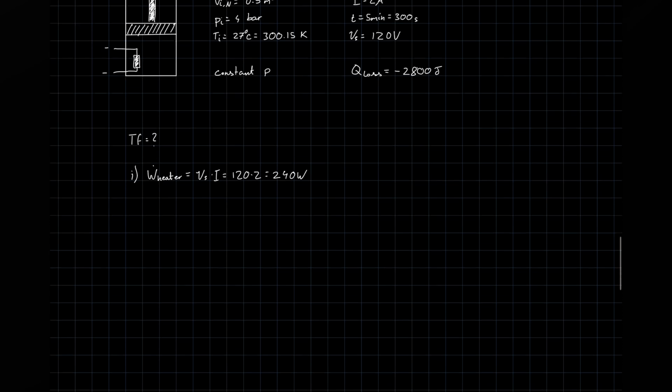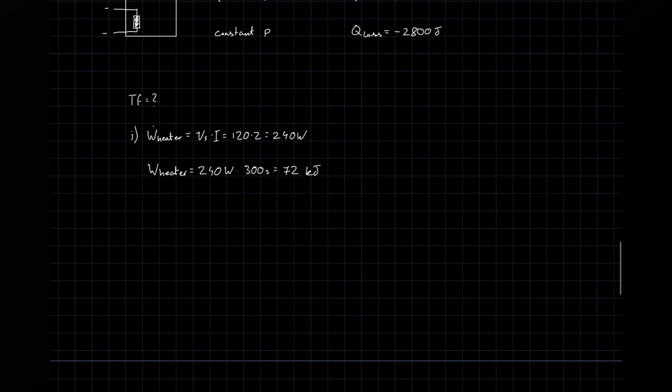And we just want the work itself done, so we just need to multiply this by the time that it's actually running. So we have 240 watts for 300 seconds, which gives us 72 kilojoules.